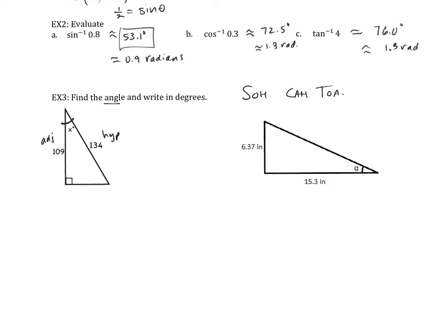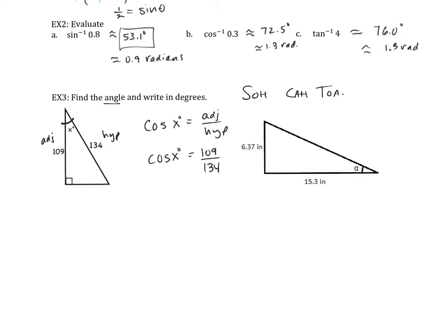Okay, so which trig function has an adjacent and a hypotenuse? That is the cosine of some angle, and the cosine is the adjacent over the hypotenuse. So we have cosine of our angle is going to be equal to 109 divided by 134.